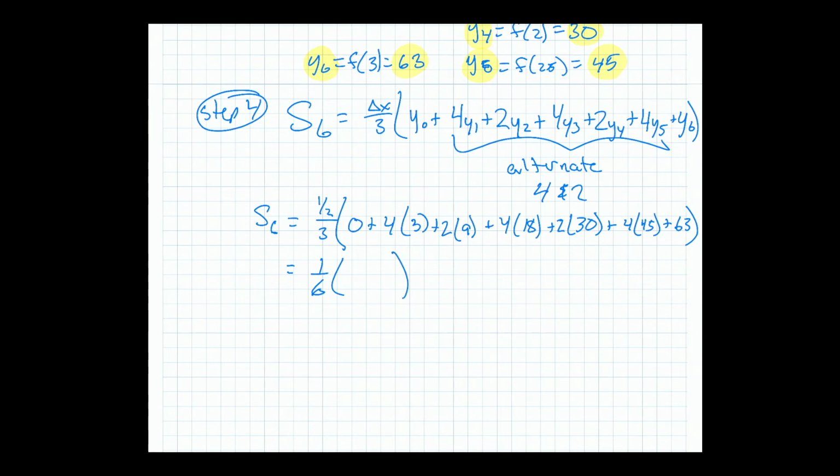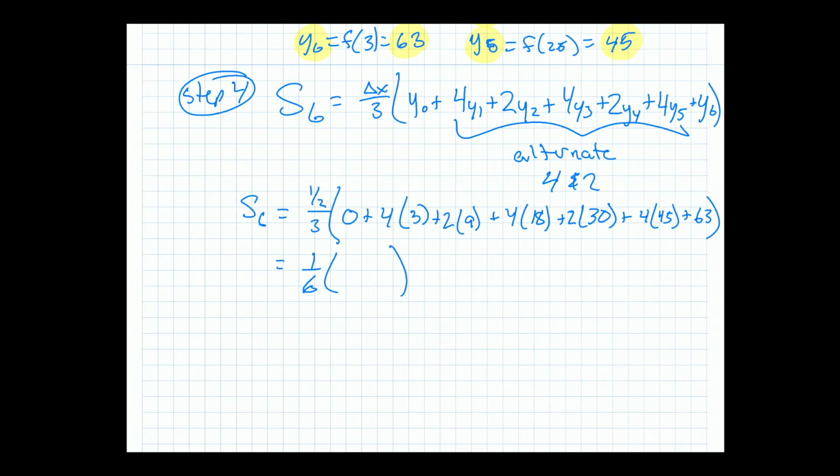4 times 3 plus 2 times 9 plus 4 times 18 plus 2 times 30 plus 4 times 45 plus 63. You get 405. It's just 405. And then divide by 6 because it's multiplied by 1/6.